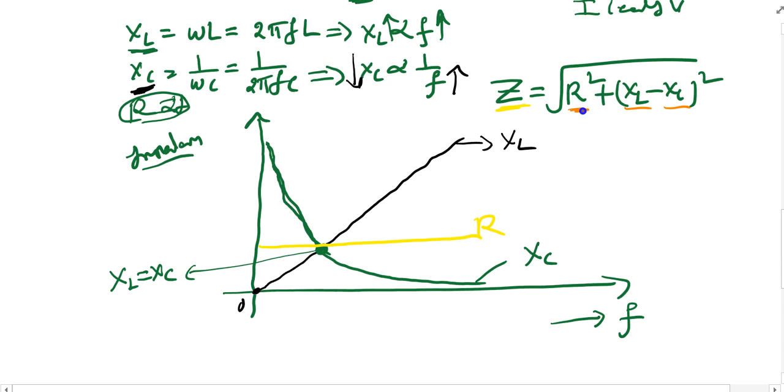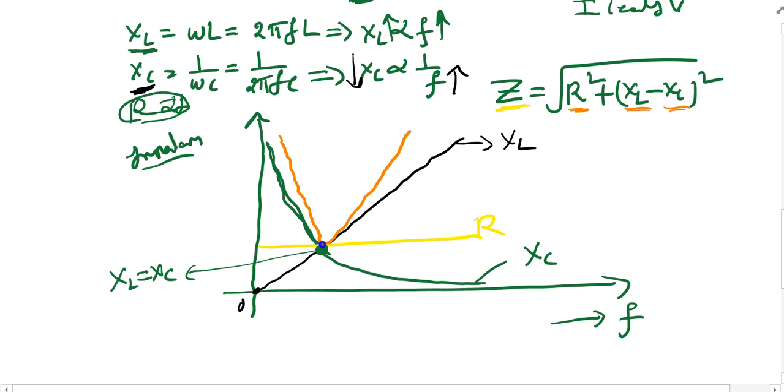If you numerically substitute some values and draw the diagram for impedance, at the initial low value of frequency my impedance is very high. As my frequency increases, at one point it reaches a minimum value, and after this point my impedance value again increases.